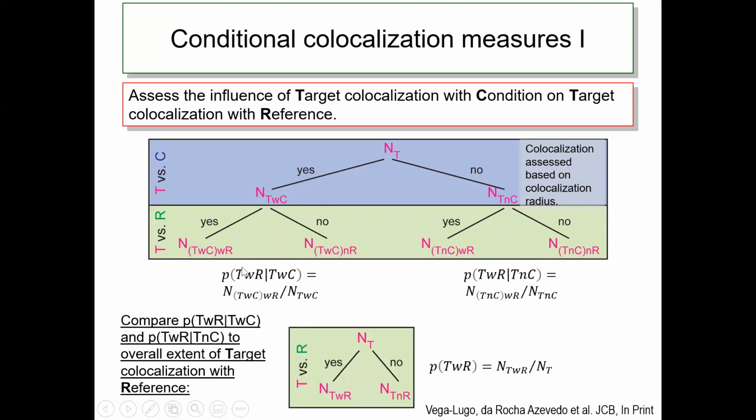And we can also compare these conditional probabilities to the overall probability of target to colocalize with reference, regardless of what the condition is doing. And by comparing these three probabilities to each other, we can assess what is the influence when target is colocalized with condition. How does that influence target colocalization with reference?